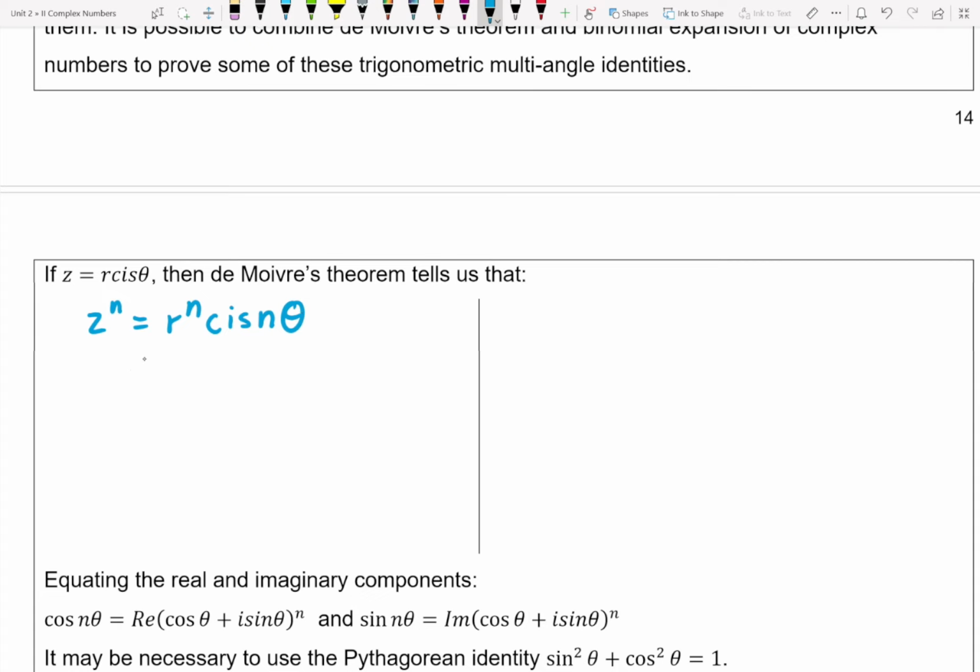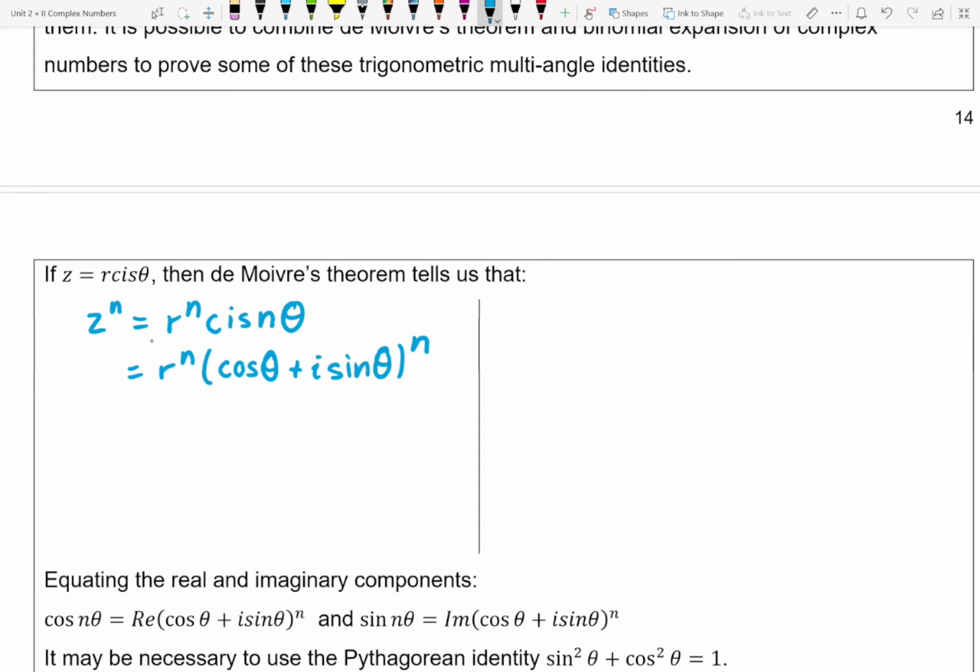So what we can do with that is we get r to the n times cosine theta plus i sine theta to the power of n, and this then gives us a binomial that is being expanded.